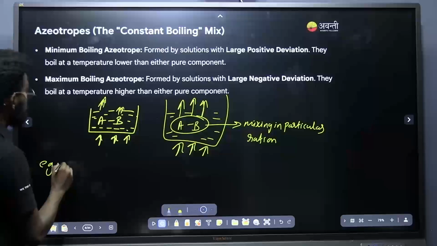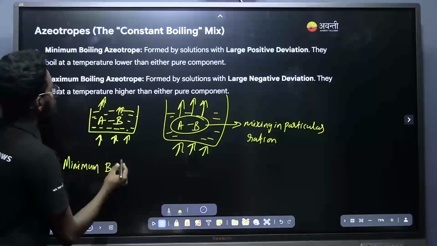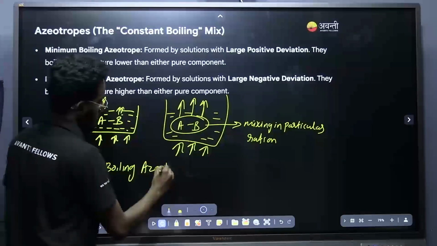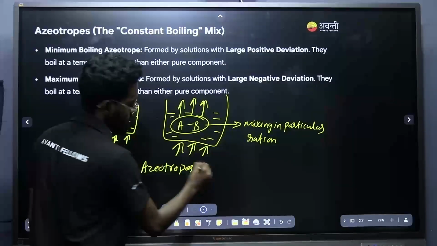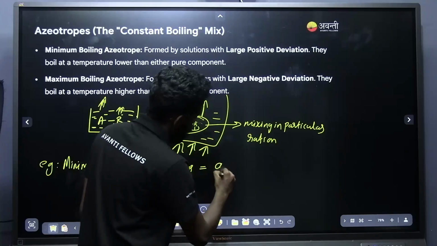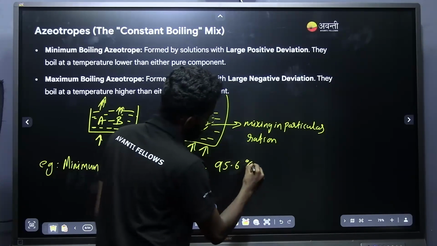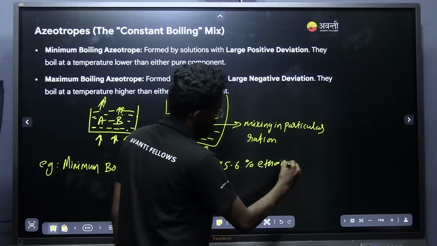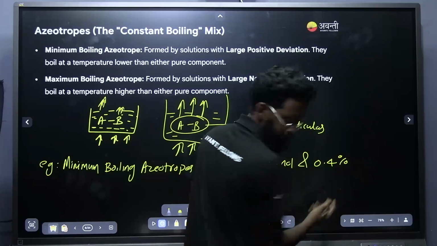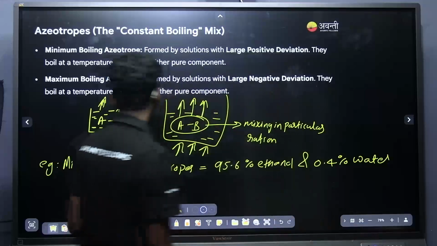I can give some examples. Example of a minimum boiling azeotrope. What is the example I can give? 95.6% ethanol and 4.4% water.